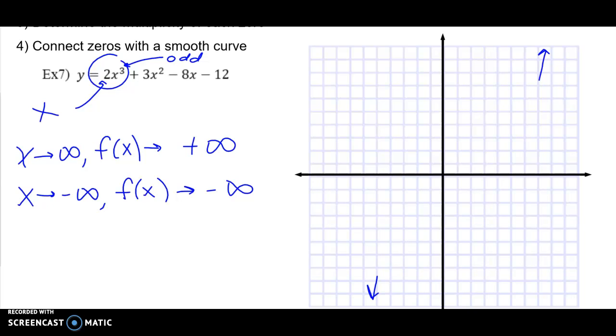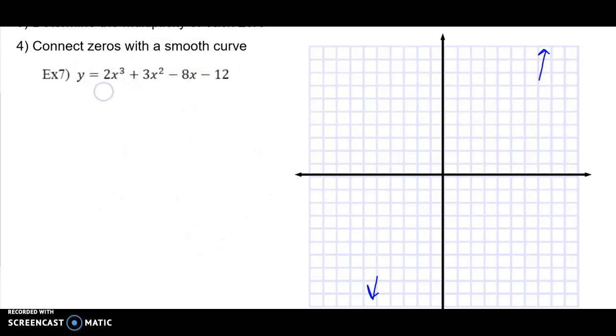All right, so once you determine the end behavior, we need to factor. This is where it all comes together. How do I factor something with 4 terms? The pairs. Factor by grouping. Split it in half. What's the GCF of the first half?